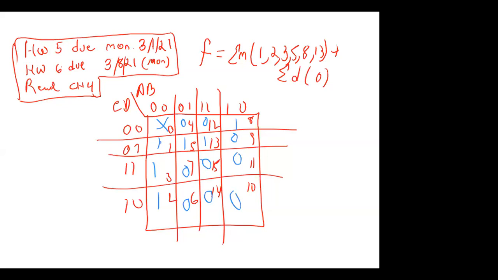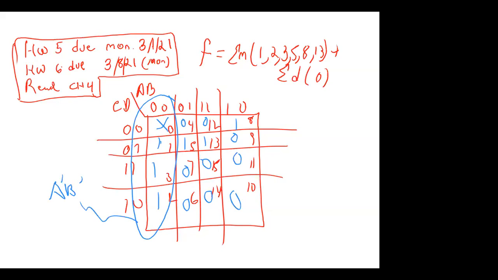And all the rest are 0. I wonder if somebody would like to suggest something to loop. What's our biggest loop? 0, 1, 3, and 2. There you go. And with that loop, what product term do I write? A prime, B prime. There you go. I think there must be some way to loop element 8.